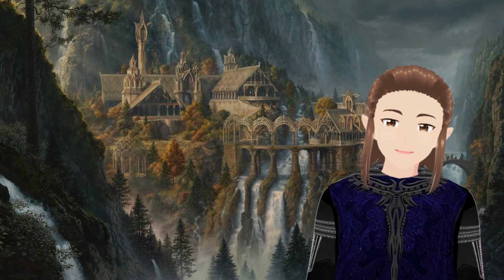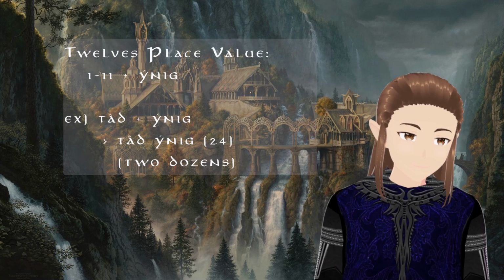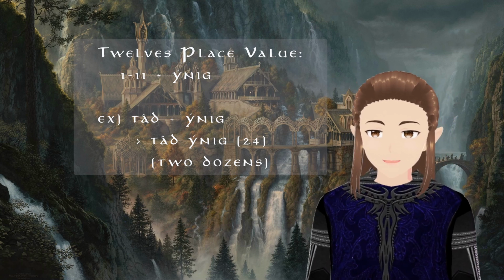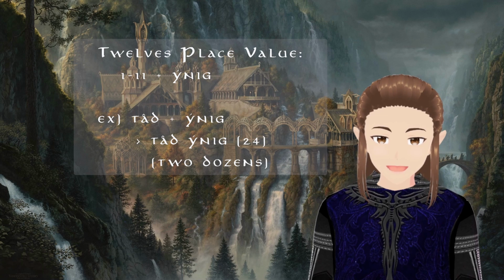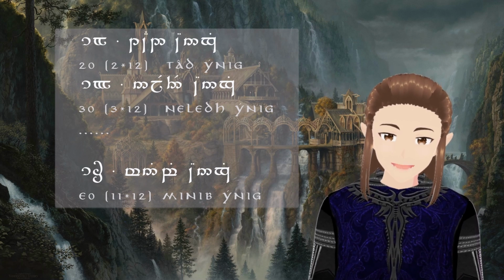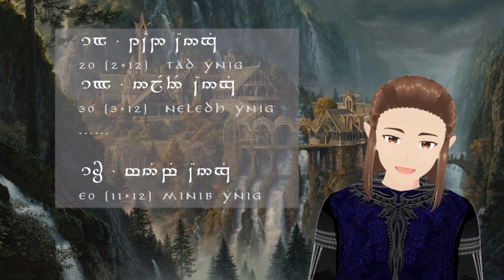For every multiple of 12 starting with 24, we increase the 12's place. We express this by placing a number between 1 and 11 in front of the plural form of 12. Tad unik, neleth unik, all the way to minib unik.